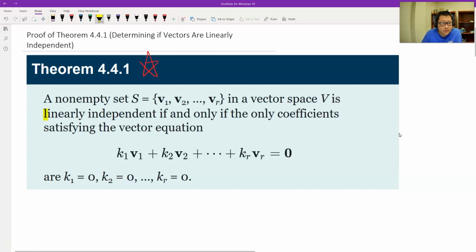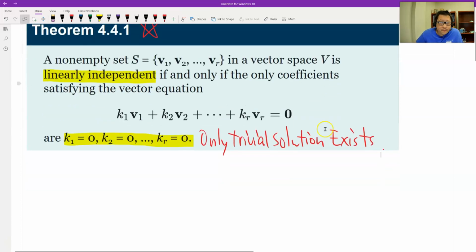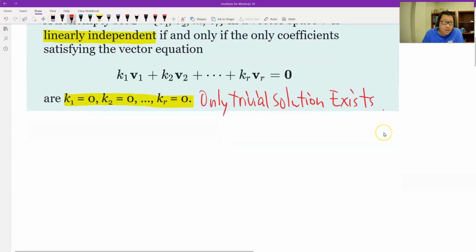Linear independence is equivalent to this: we just solve this linear system, and only the zero solution, or we say the trivial solution, exists. Okay, let's prove it. We need to prove it in two ways.